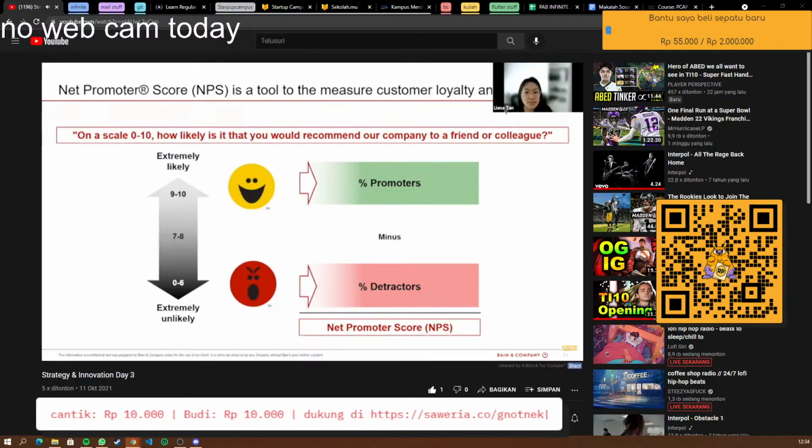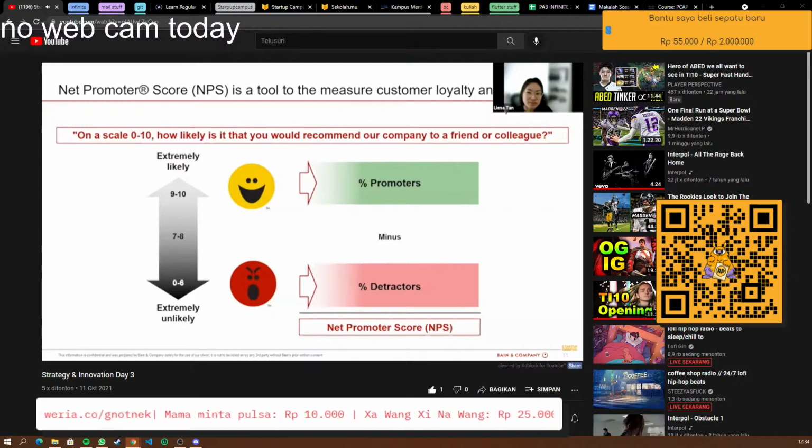Then you can start to think, okay, now if I know why they are not happy, then I can start to tailor my value proposition to address some of them. Because my goal is to make them go from detractor to promoter, right?